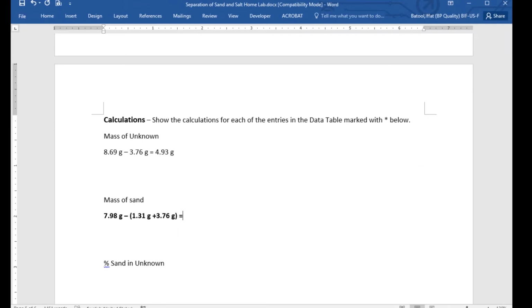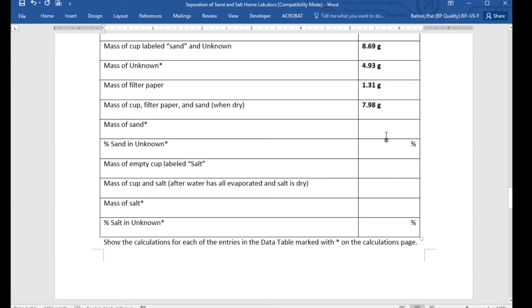Then you will just do your arithmetic, and you will find the mass of sand. So I have this mass of sand as 2.91 gram.